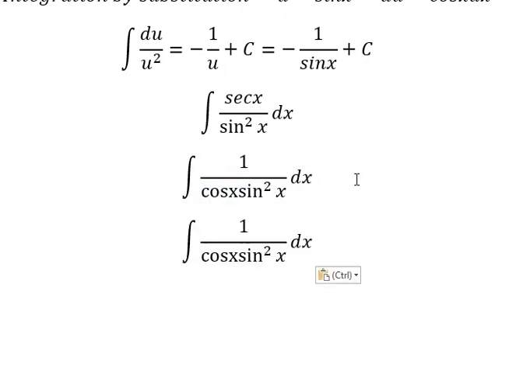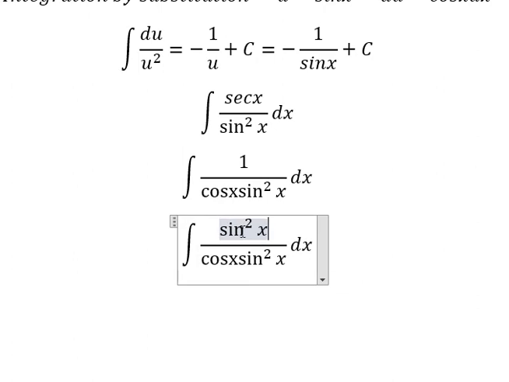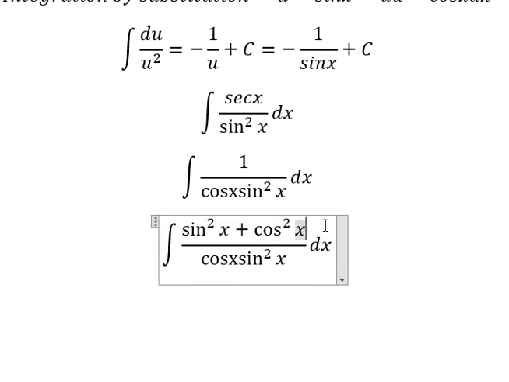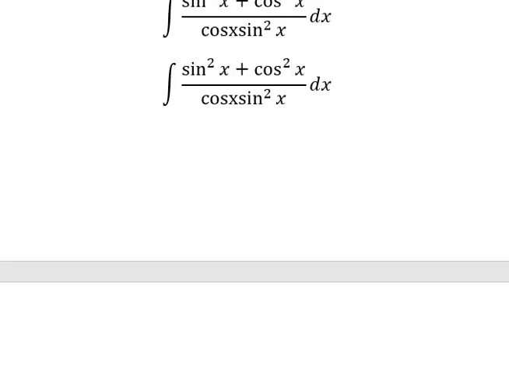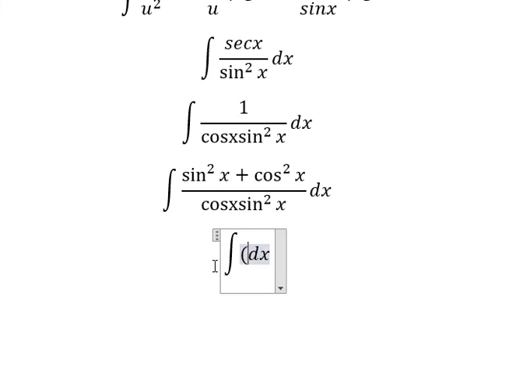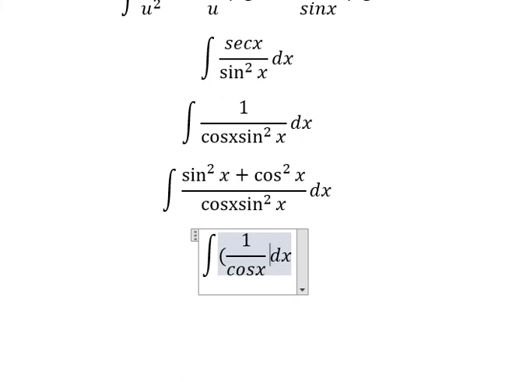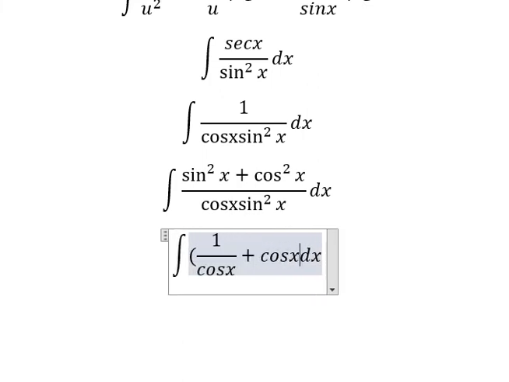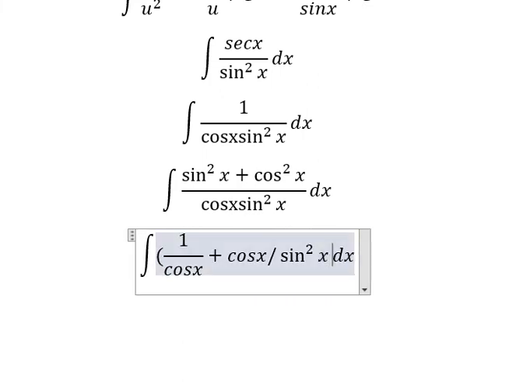So we also know that number 1 is about sin s squared plus cosine s squared. So sin s squared divided by sin s squared, cosine s squared divided by cosine s. So we have 1 over cosine s plus cosine s over sin s squared.